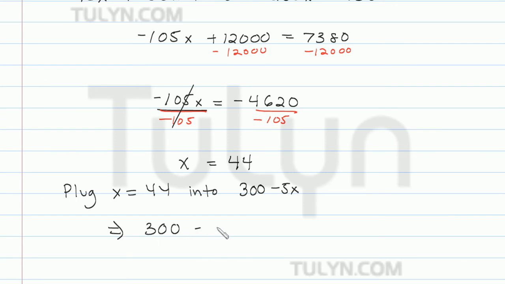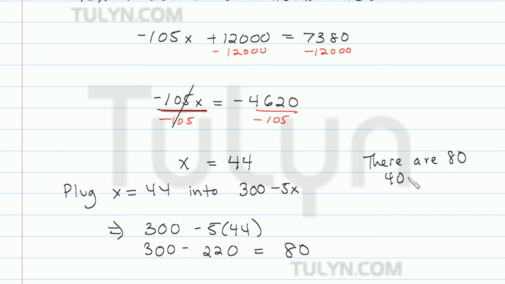We get 300 minus 5 times 44. 5 times 44 is 220, so this becomes 300 minus 220, which is 80. So there are 80 40-cent stamps.